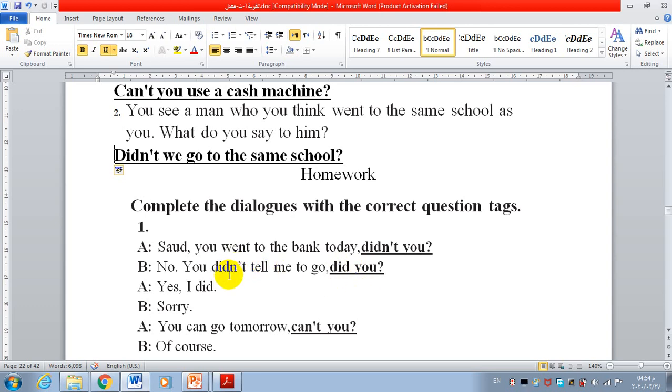Because the helping verb here, didn't, is negative. So in the question tag, we must use the affirmative, so it becomes did, and the subject pronoun you. And in the last one, you can go tomorrow. Here we use can't you, because the modal verb can is affirmative, so we use it in the negative in the question tag, followed by the subject pronoun.